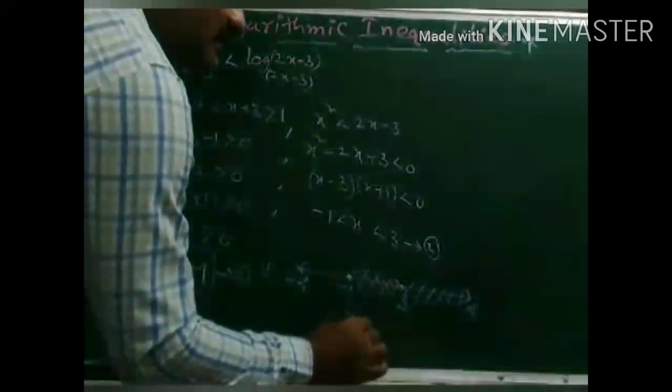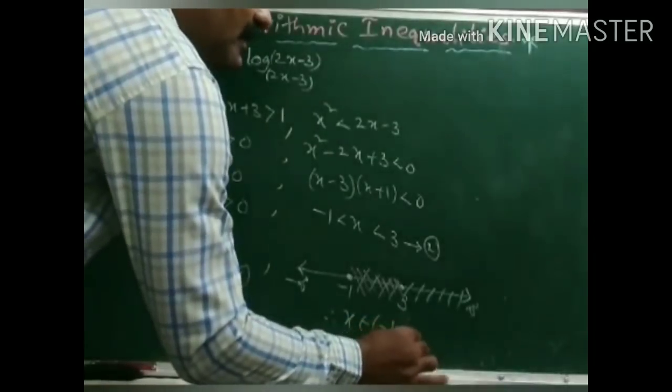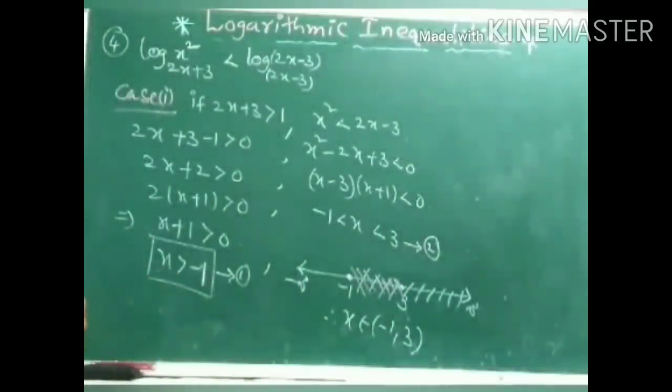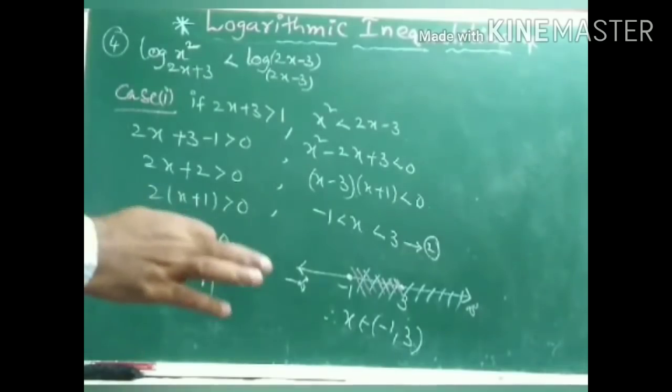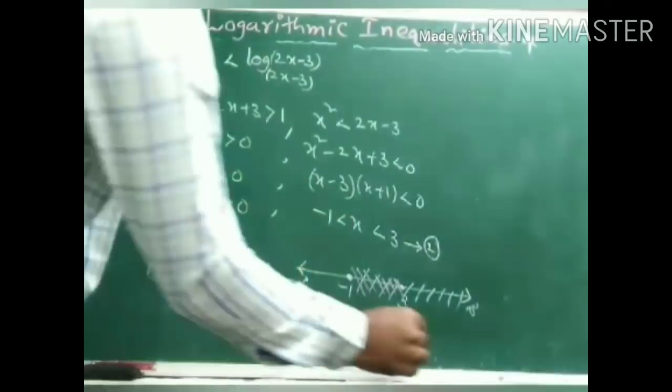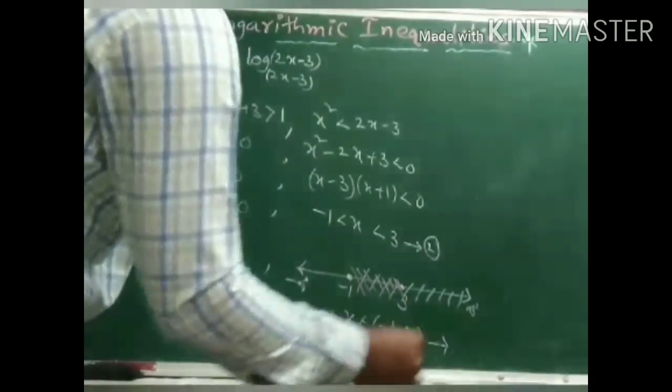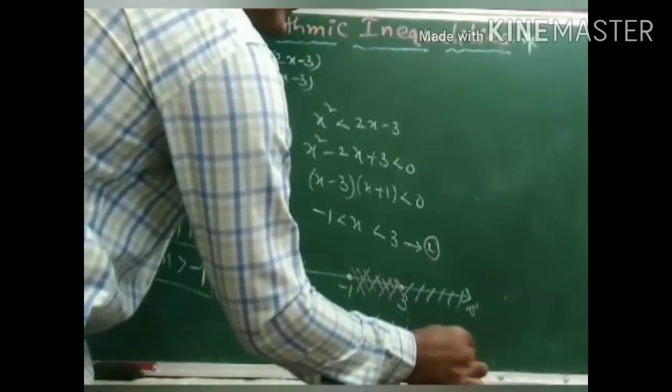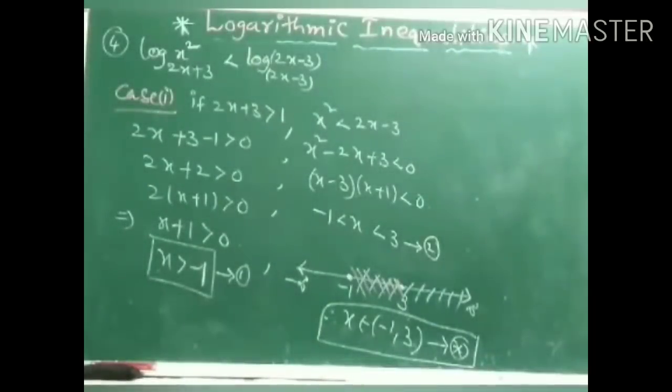Therefore x belongs to the open interval minus 1, 3. So this is the final solution of case 1, say, single star. Similarly we need to solve case 2 also, and finally the intersection of case 1 and case 2 will be the final solution.